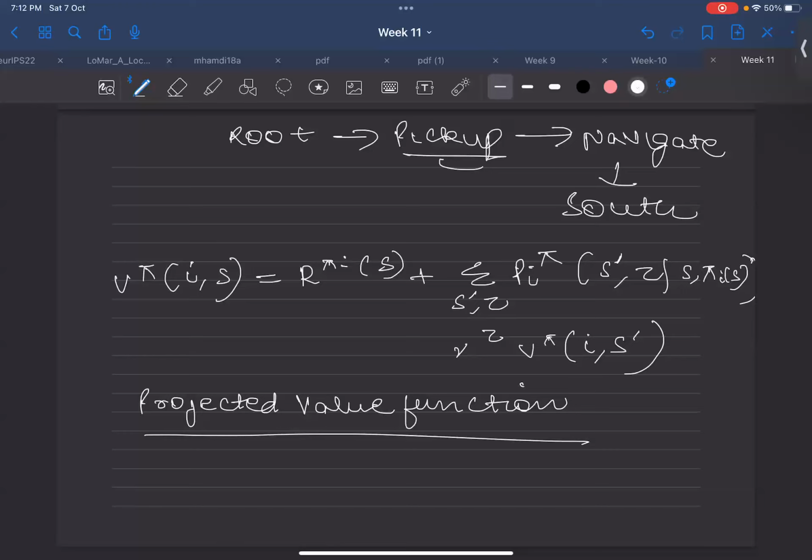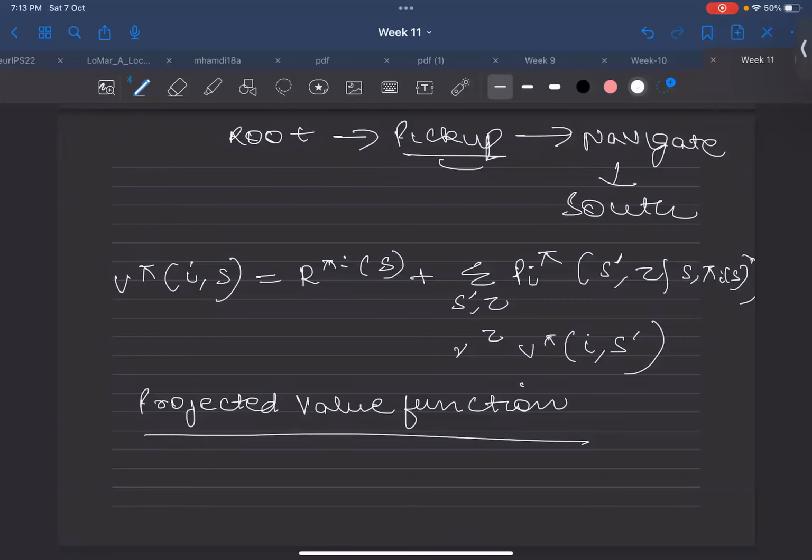Basically, the projected value function is a value function only for this task, until this task I only. So can I say this is the Bellman equation of the projected value function? Yes, it's a Bellman equation, as I'm only worried about this task and I don't care about what happens after it.